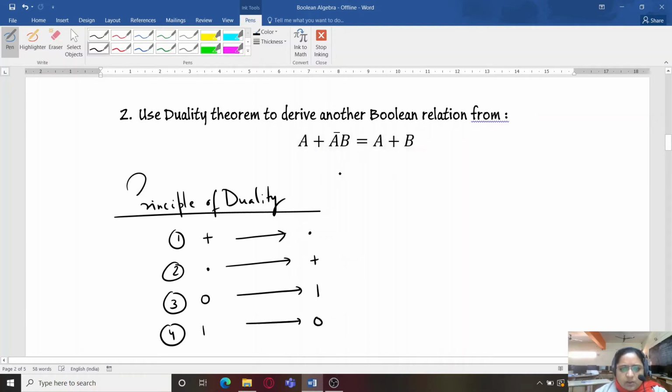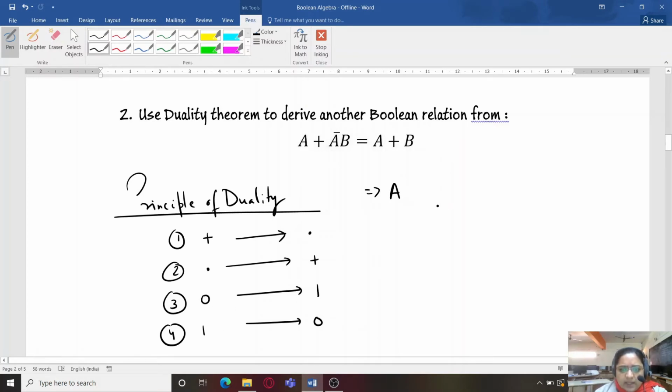So here also, how to get the dual of this expression? For this we will write A. Variables won't be changed. We cannot write A' for A, because A is a variable and its value is unknown. According to the principle, only constants can be changed.